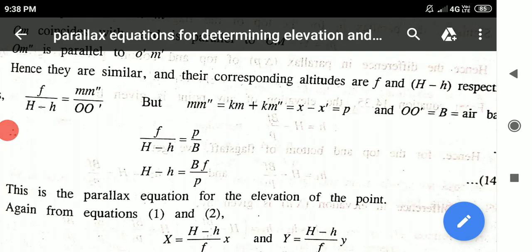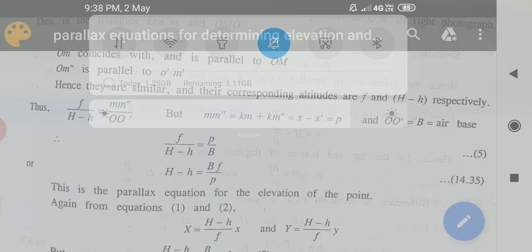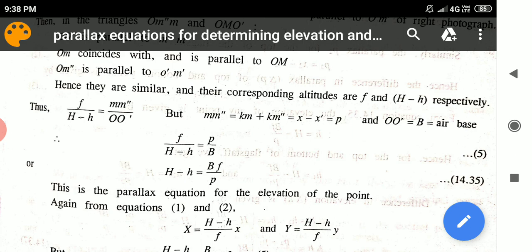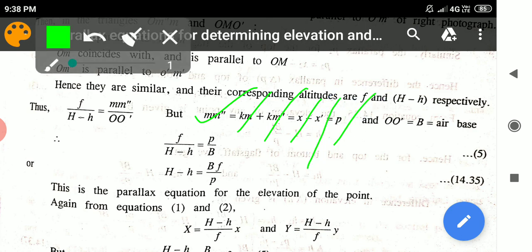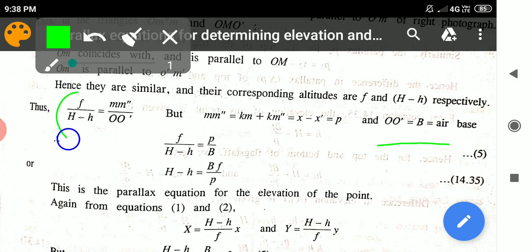So in these cases, linear equations: Km plus Km double dash equal to X minus X dash equal to small p, and O dash equal to B. By using this expression, we will get this expression.